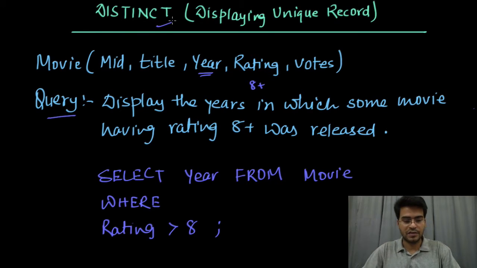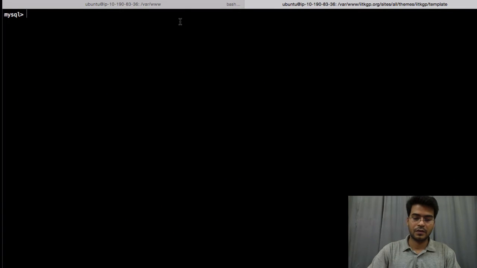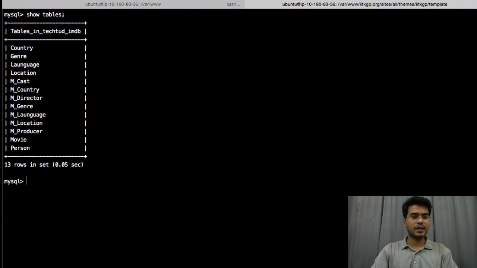Let's write down the query on the terminal. So we have the table movie, right? Let's list down the tables. Okay, so these are the tables. Now from this movie table we have to list down the movies which have rating greater than 8.